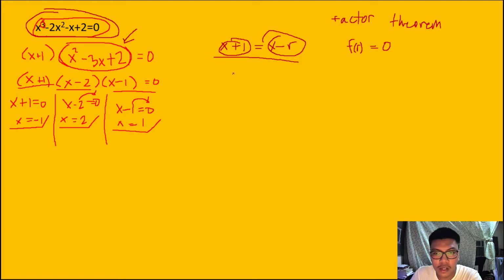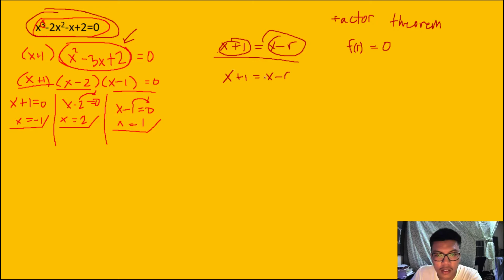Okay, so x plus 1 tayo, solve natin. So solving for r, x plus 1 is equal to x minus r. So ito isang tool lang sa pag-check ng factor, kung factor nga siya ng iyong equation.